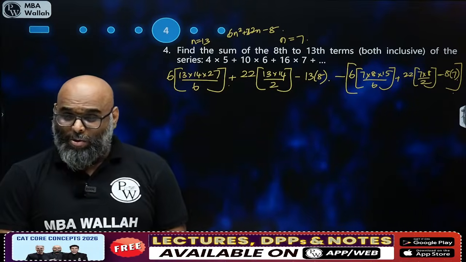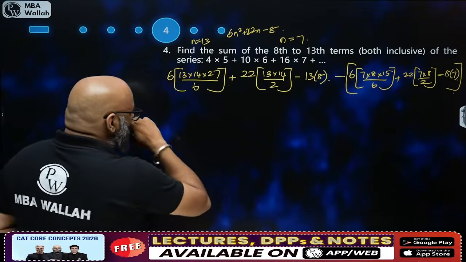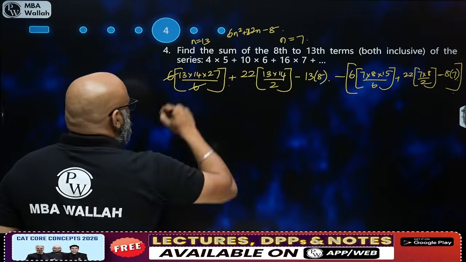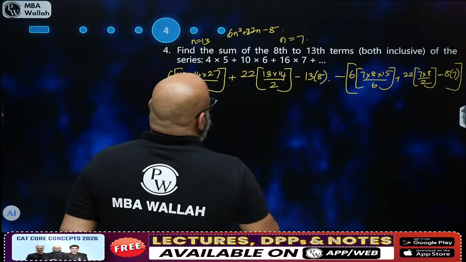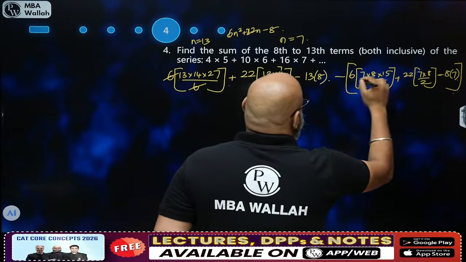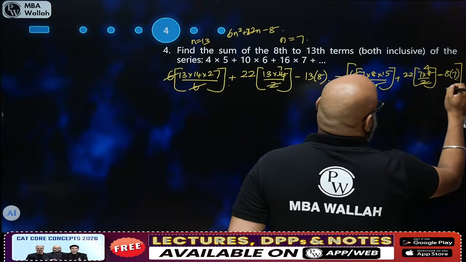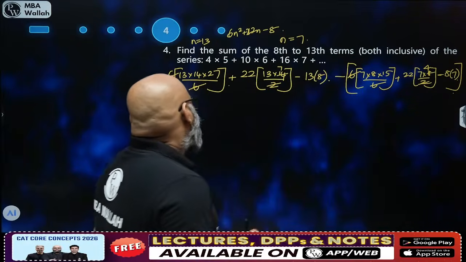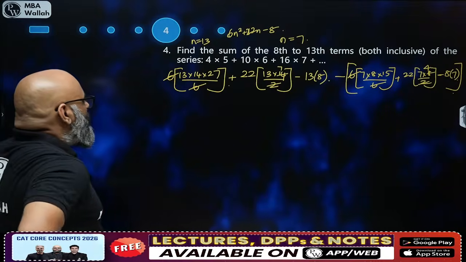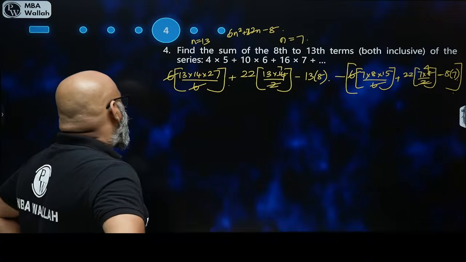So we need to sit and do this math. Feel free to help me out with the calculation. Let's see. The 6 and 6 gets cancelled. This 12 and this gets 7. This 6 and 6 gets cancelled. This is 4. Have it as it is. 13 into 14 is 182.